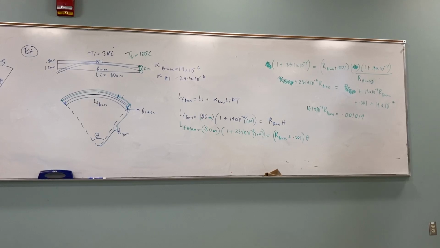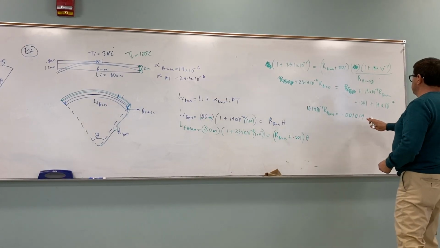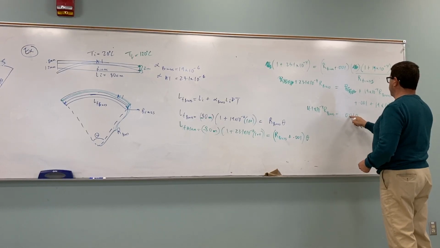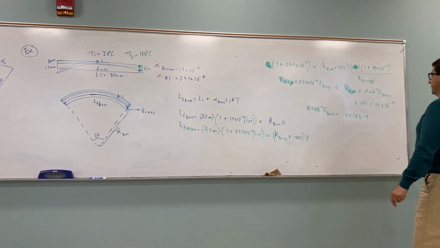Am I right? We're rusty after the winter break. Yeah, 0.001, 2 zeros. Oh yeah, you're right. This is 1, 2, 3, 4. I need another 0, and then 19. Yeah.